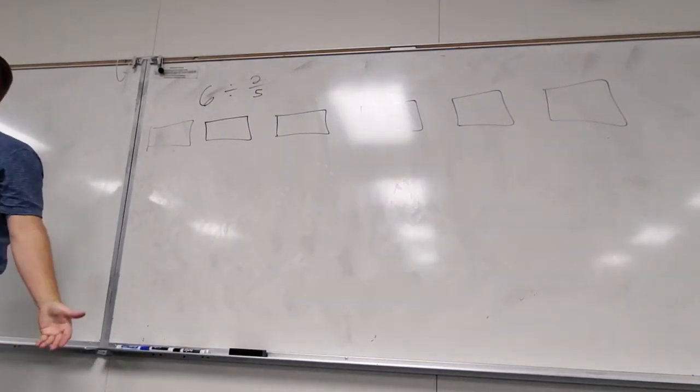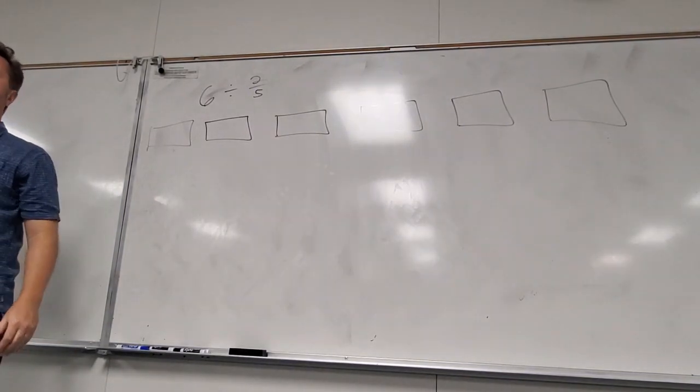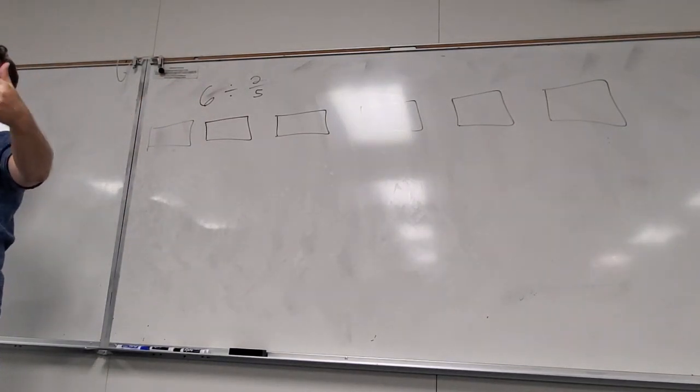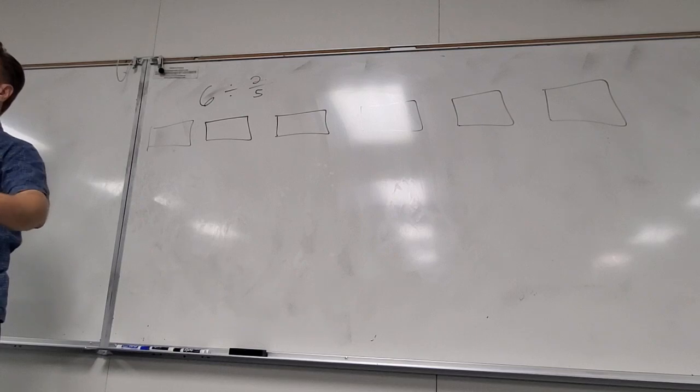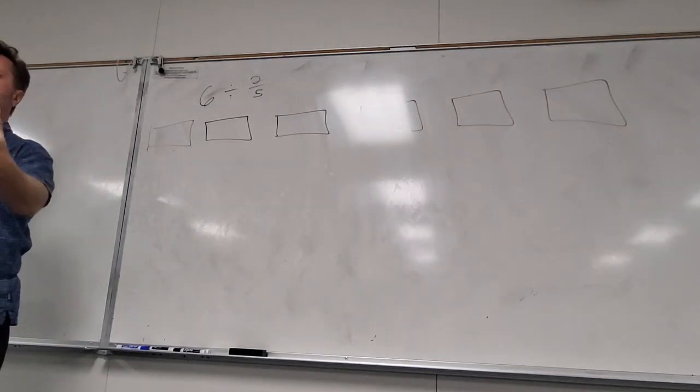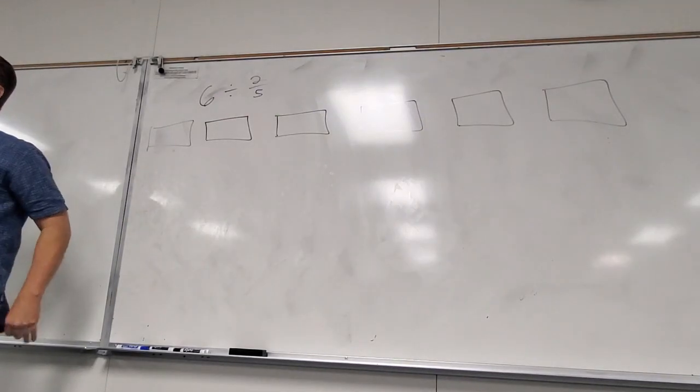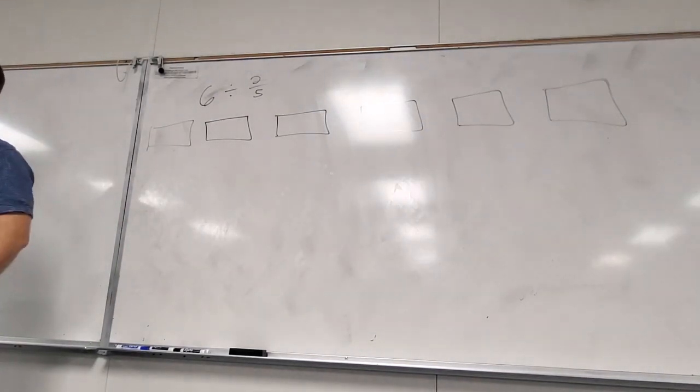And that's why the answer is 3, because 2, 2, 2 makes 6. You can look at this the exact same way. It's just we're not used to building things based on fifths. We're used to building things based on ones, right? I keep coming back to that idea. It makes sense we build based on ones because that's how we first started to count anything. 1, 2, 3, right?